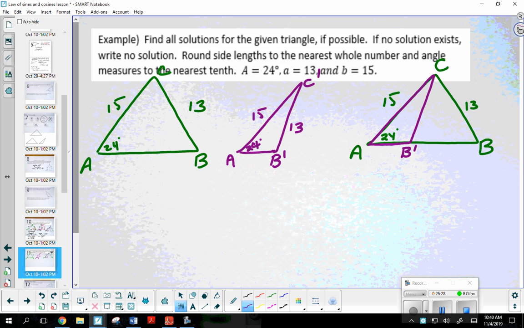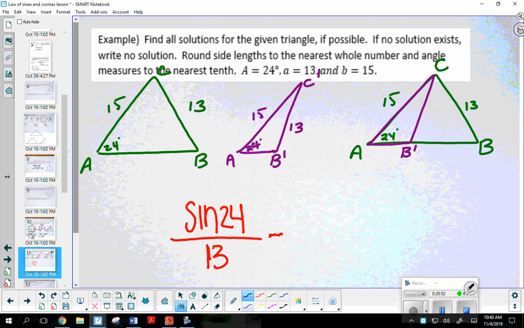All right, Rio. Okay. Now, I'll tell you what, you don't have to do the same thing. You don't have to do the entire problem. Why don't you just help us find angle B? So sine of 24 over 13.